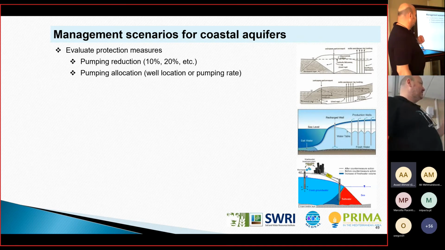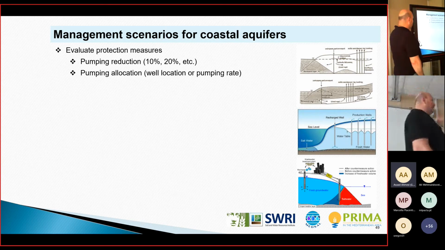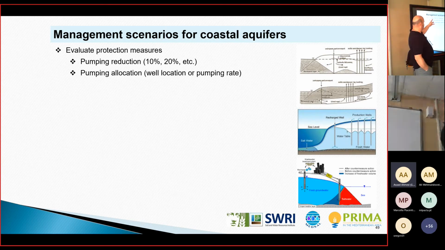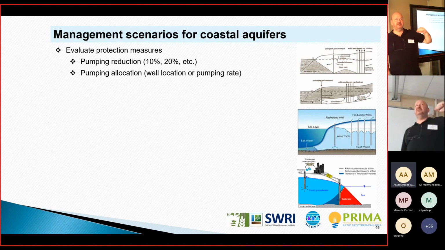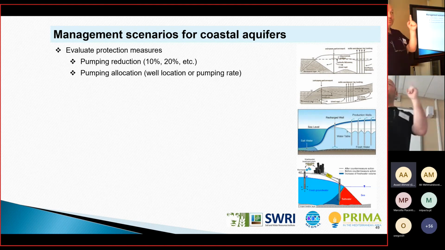So here we can see some management scenarios for coastal aquifers in general. We will divide this into a management scenario to protect an aquifer that already faces a seawater intrusion problem, and we can use the model to evaluate this scenario.